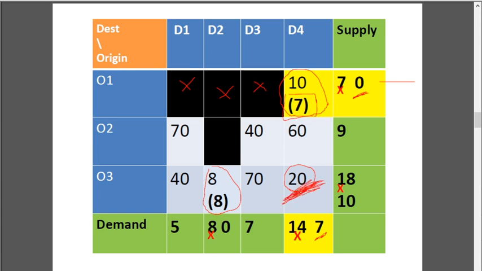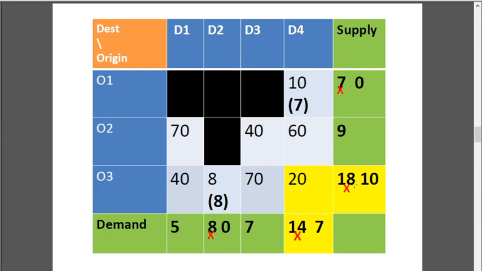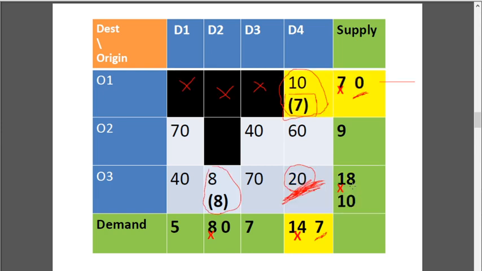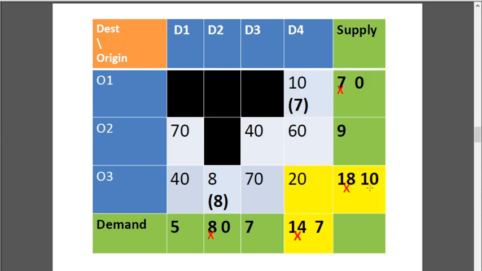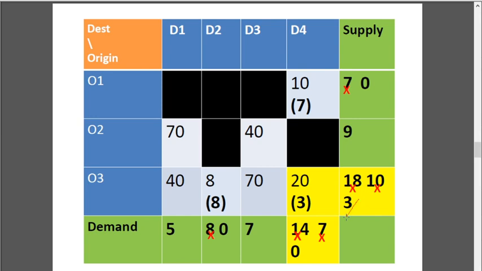If I select this cell, out of 10 supply, I should satisfy demand for 7 now. So from 10 I can allocate 7 units. The remaining supply becomes 10 minus 7 equals 3 and the demand becomes 0. And 3 units remain here.